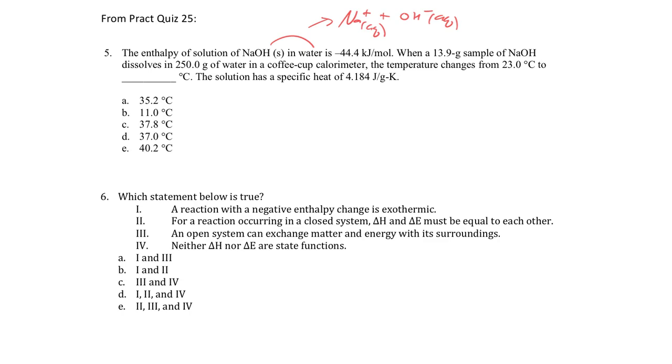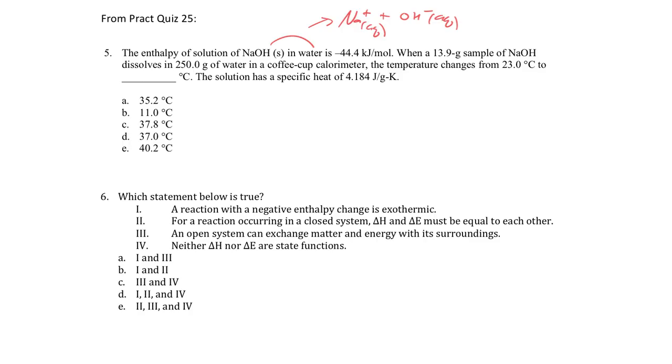If we take a sample of sodium hydroxide that's about 13.9 grams and put it into 250 grams of water, we do this in a coffee cup calorimeter. The idea of a coffee cup calorimeter is just an insulated cup, insulated from the outside so that any heat the reaction gives off or absorbs comes only from the solution inside the cup.